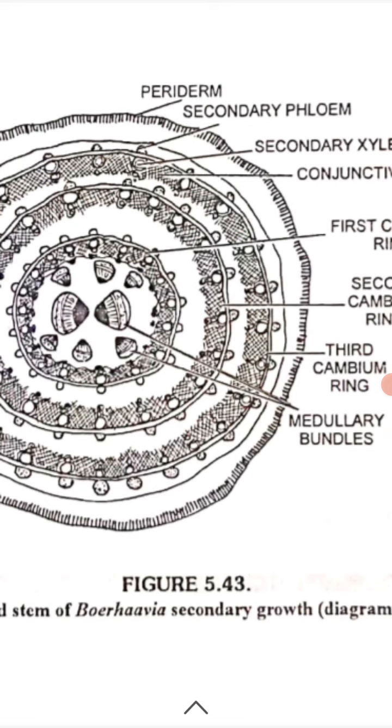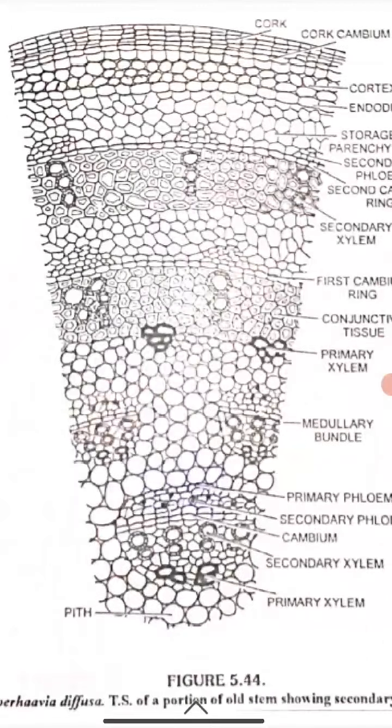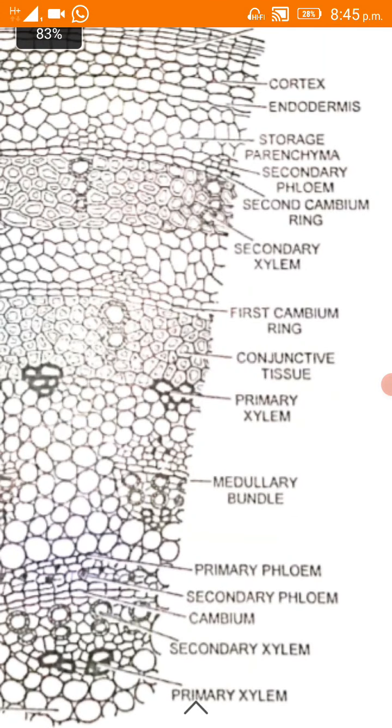The vascular cambium gives rise to secondary xylem towards inner side and secondary phloem towards outer side, so that the primary phloem gets crushed. The outermost protective covering is formed by the activity of cork cambium, which develops in the hypodermal collenchyma.